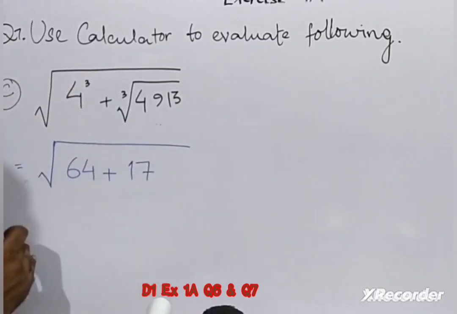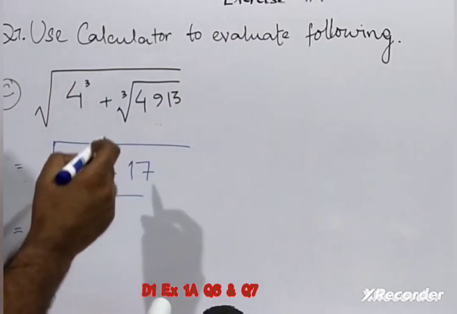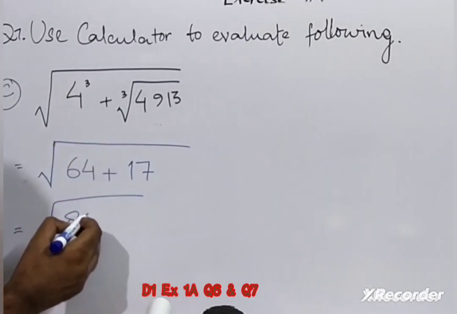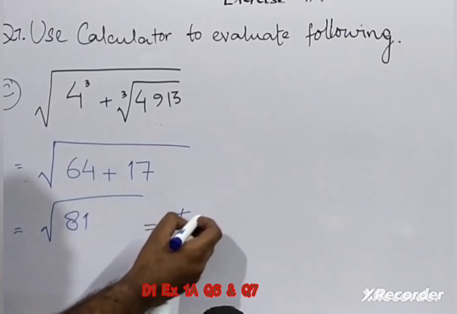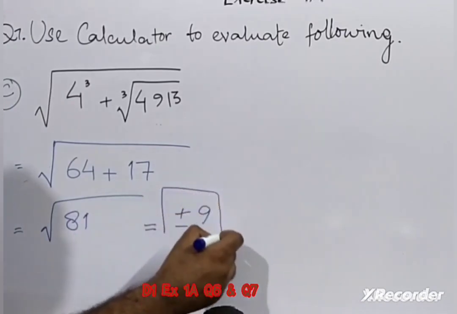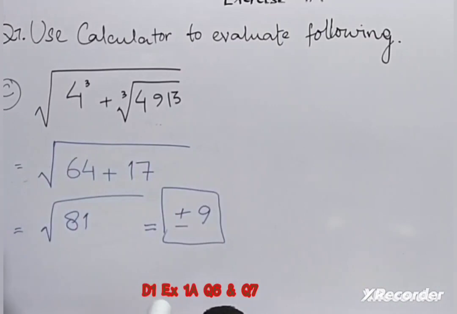Now we solve this, taking the whole square root, that is 81. And we know that the square root of 81 is plus minus 9. That is our answer.